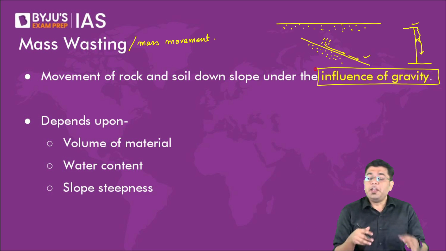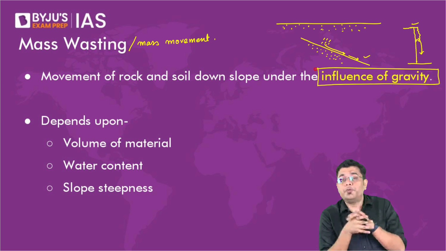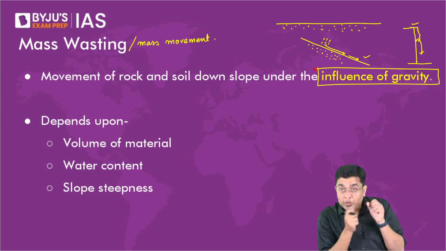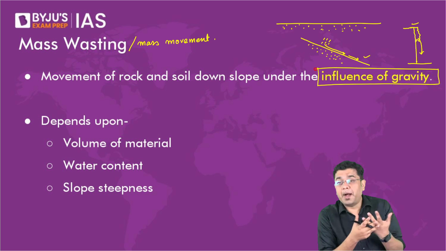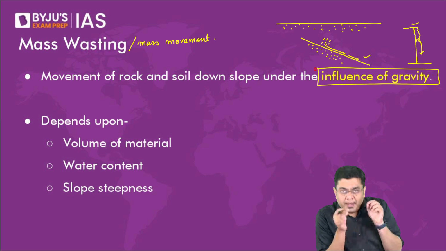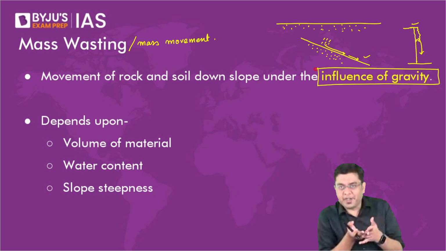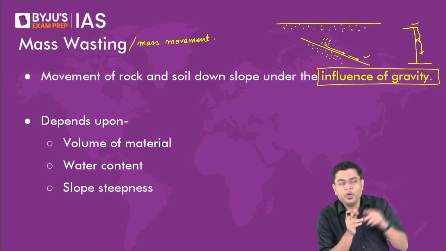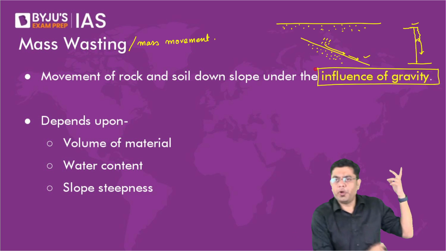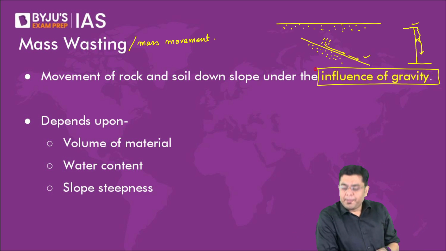So when you have a large scale movement of rocks, loose materials, soil particles, etc., under the influence of gravity, large scale movement, not that one rock simply comes rolling down, that is what is referred to as mass movement or mass wasting.